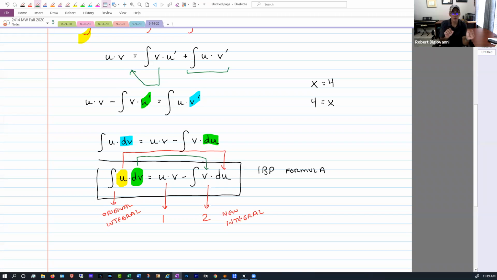The u now becomes u prime, or du, and the one that you were looking at that was the derivative of something, in the new integral, it's actually its antiderivative. Now that may seem like, why in the world would you ever want that? But let's see how it works, okay? This transferring of the derivative is going to become very useful.